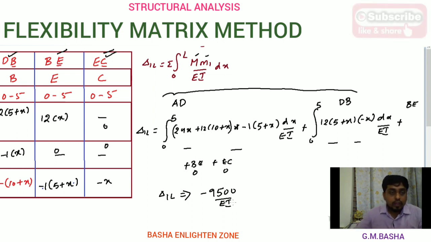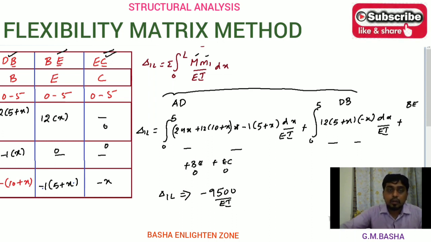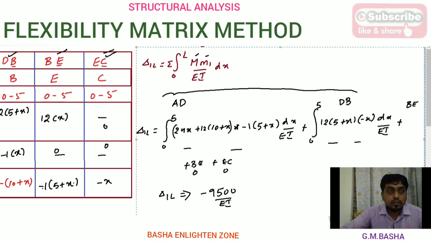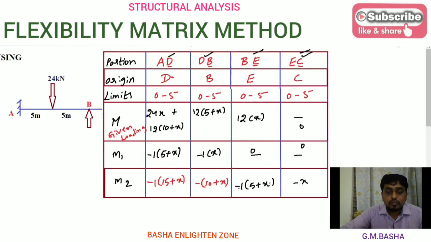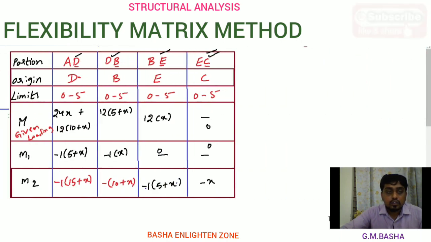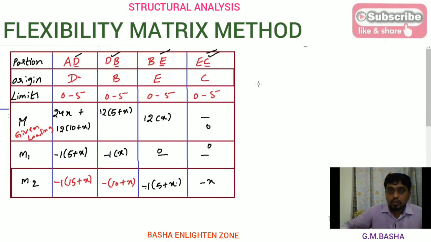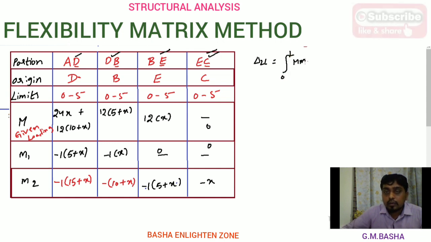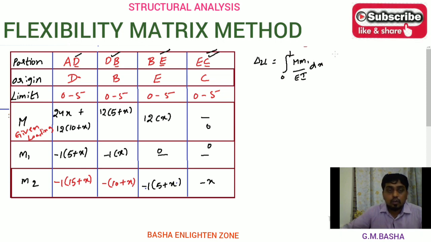Okay. Then, what about the next step? In the same way, take delta 2L also. So delta 2L will be equal to the integral from 0 to L of M M1 by EI into dx. What are the spans?